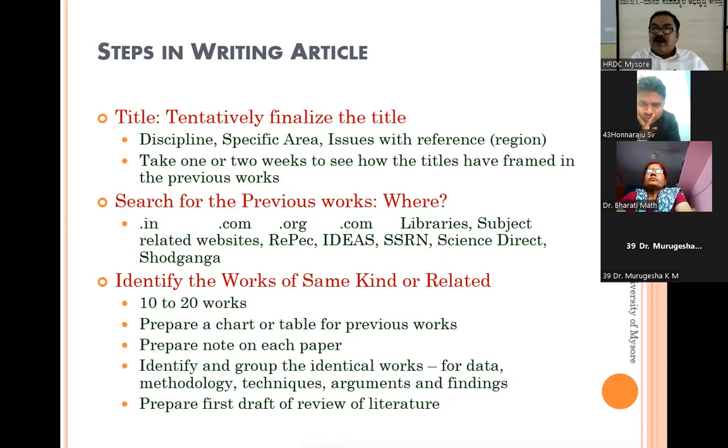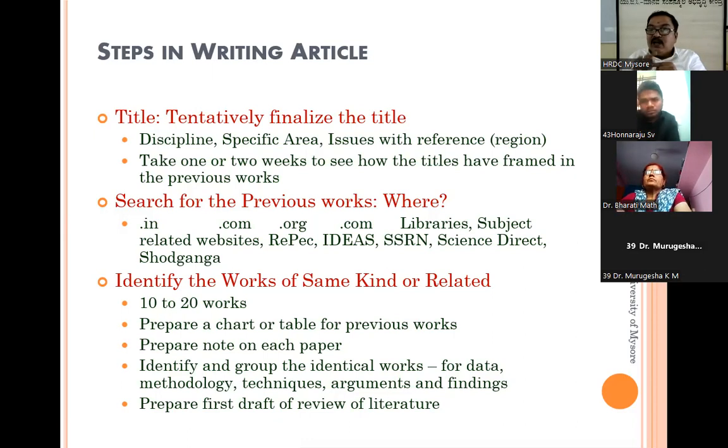So in economics, we have plenty of areas: agriculture, industry, education, health, human development, energy, employment, consumption, investment. So from there, come down to a specific field. Okay. So within that field, for example, if talking about energy, what are the issues related to that?